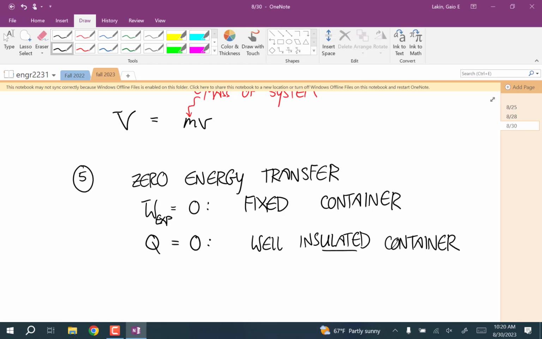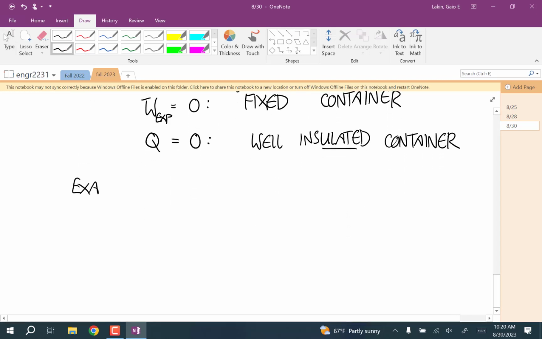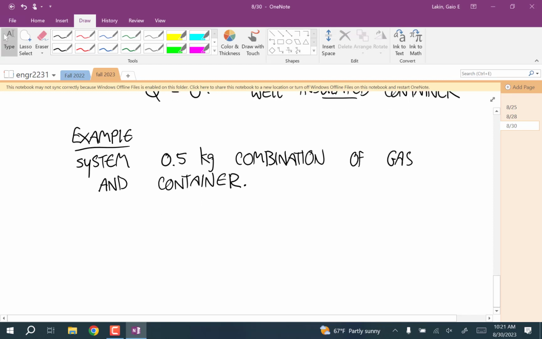All right, let's do an example. So let's say we have a system that's a 0.5 kilogram combination of a gas and its container. 100 joules of work is added to this system.